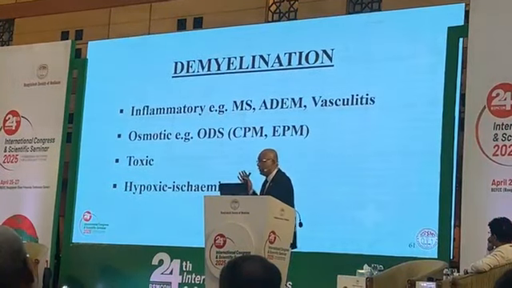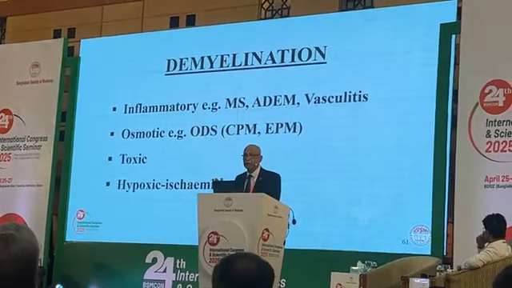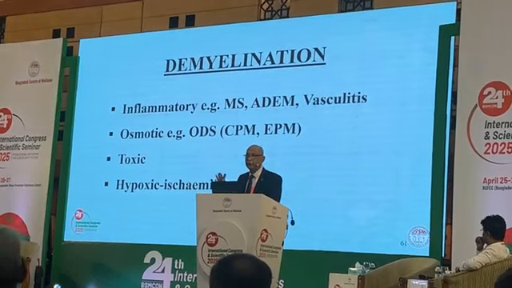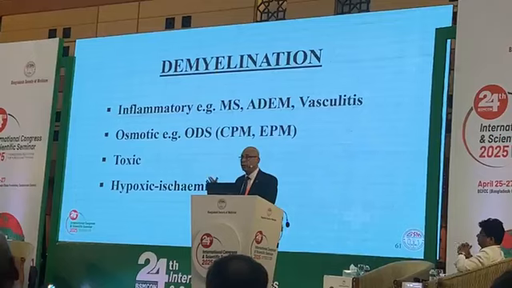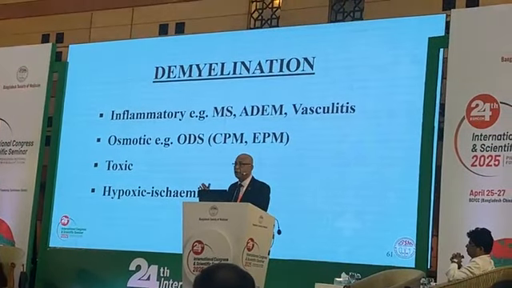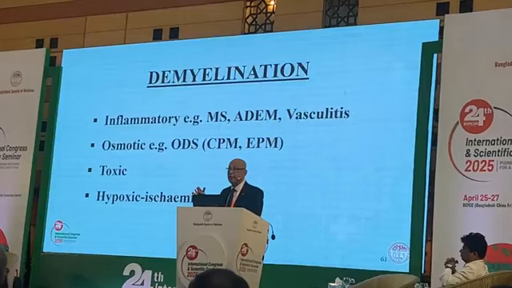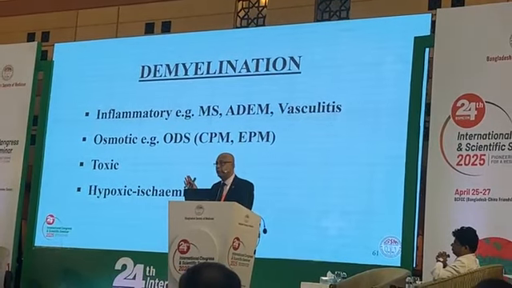Right. Now, very important in case of MRI: demyelination of the brain and spinal cord as well. I'll show the spinal cord later on. Demyelination of the brain is important because we cannot actually see or understand demyelination on CT scan. If it is demyelination, you're going to need MRI.